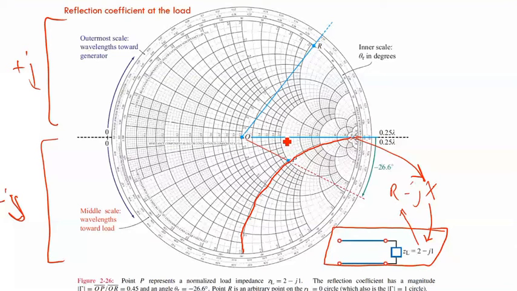So if we see that the 2 is over here, this is the 2 line. These two intersect at this point.